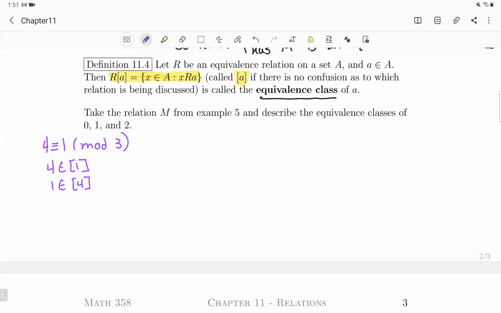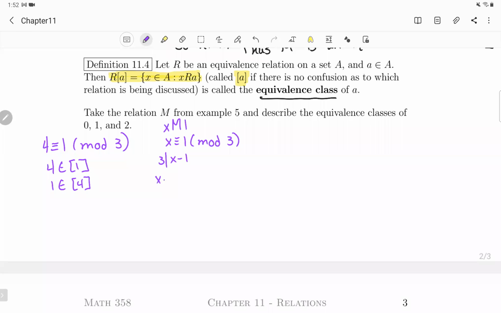Well, let's think about that equivalence class of 1 and what type of numbers would be in there. So X is related to 1 means X is congruent to 1 mod 3, which means 3 divides X minus 1.